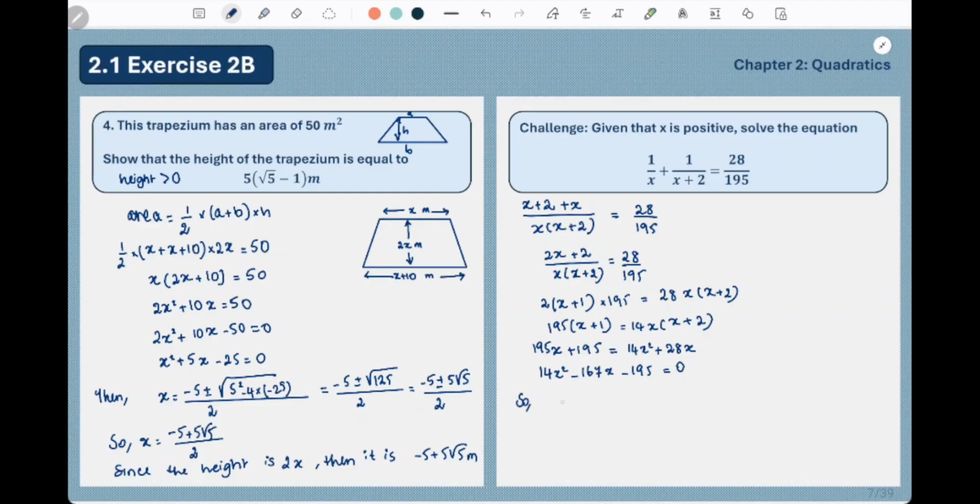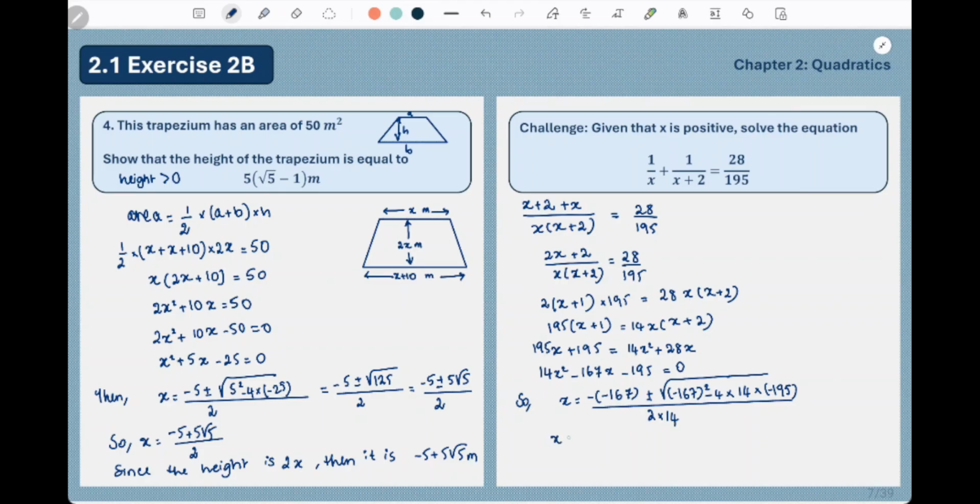So x is minus b, so minus minus 167, plus or minus the square root of b squared, minus 167 squared, minus 4 times AC, which is A, 14, and C is minus 195, over 2A, which is 2 times 14.